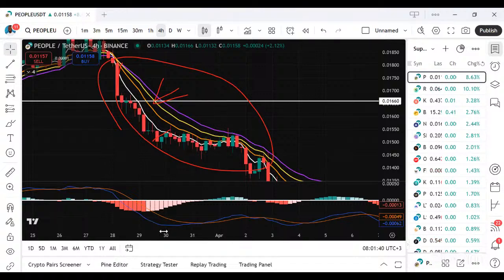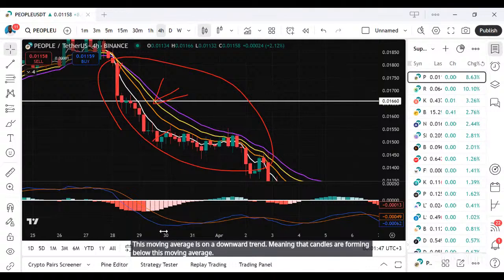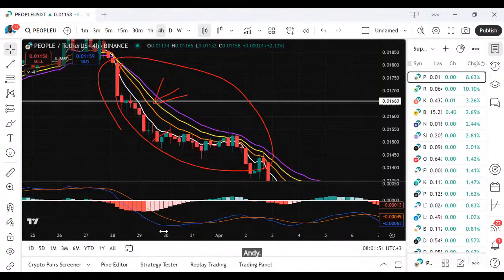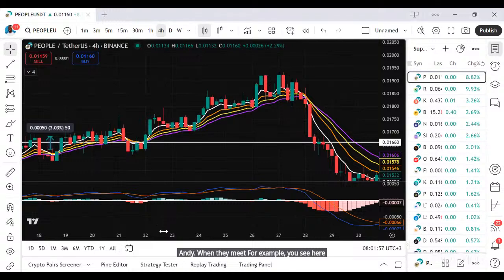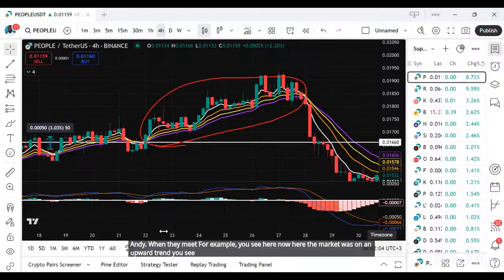This moving average is on a downward trend, meaning that candles are forming below this moving average. And when they meet, for example, you see here, now here the market was on an upward trend, because the candles were forming above.